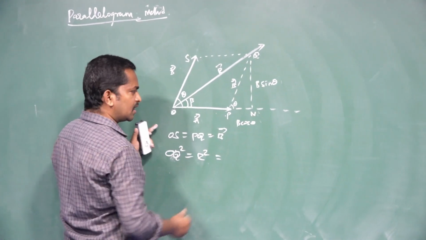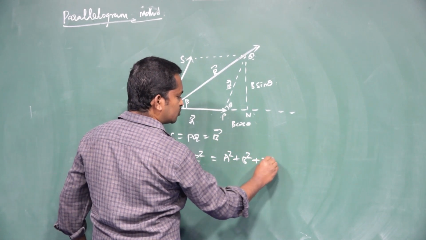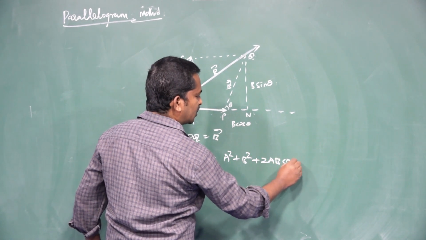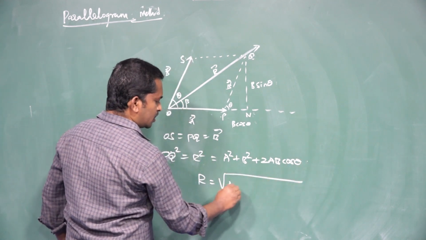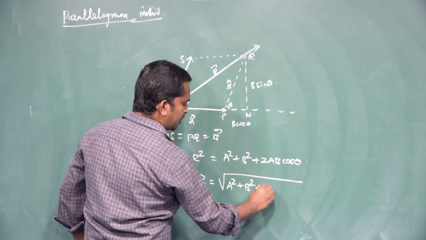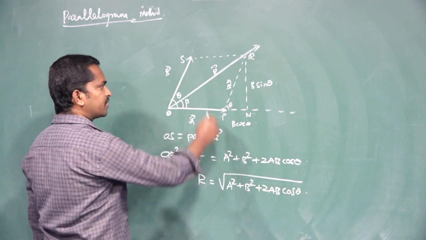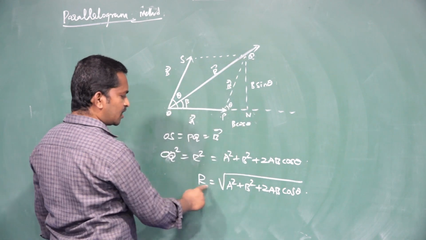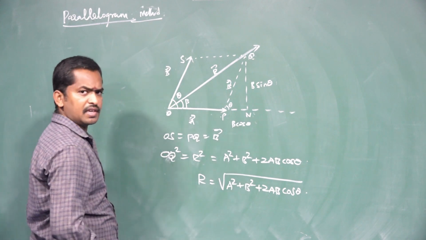You get the final answer as A square plus B square plus 2AB cos theta. So R is equal to square root of A square plus B square plus 2AB cos theta. Same phenomena in triangle QON, you get our resultant vector.